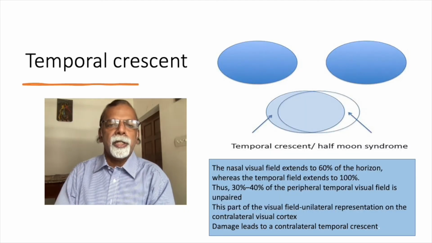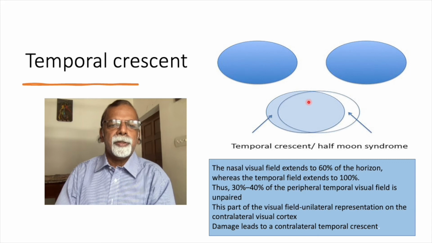A few words regarding the temporal crescent. Here you can see that 60% of the visual field, the nasal part, has got bilateral representation. And you can see the outermost aspect, a crescent shaped portion. This is only represented on one side.